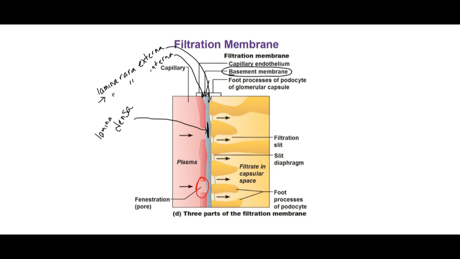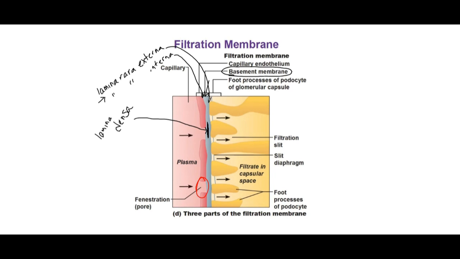Now, they're going to have different roles. Your lamina rara, interna and externa, are blocking molecules from moving through that basement membrane based on charge. They have a relatively high level of negatively charged molecules, including heparan sulfate, that means that they will reject negatively charged or large negatively charged anions that are coming through.